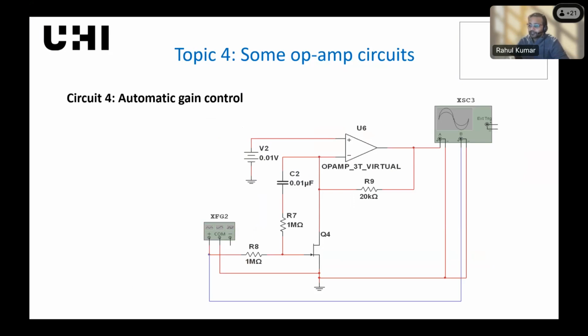There is a detailed discussion in the lecture notes. So if you are interested, you can find more information about all these circuits in the lecture notes. You can also try them and implement them in Multisim. Okay.